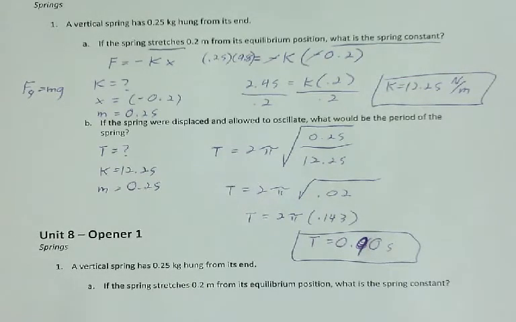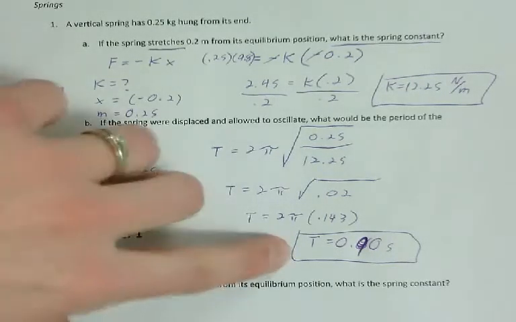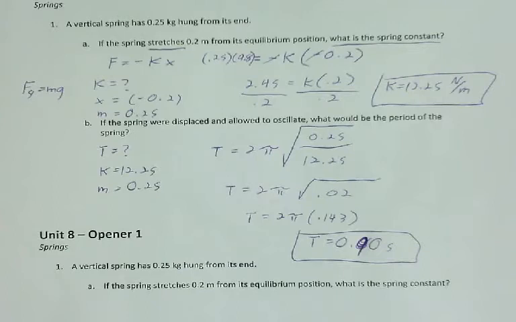Okay. Anyone got any questions for me on how to set these up, how to solve them? Anything still confusing? Anything you want me to go over? The last part. How I got this 0.9? Is that what you're asking about? Yeah.